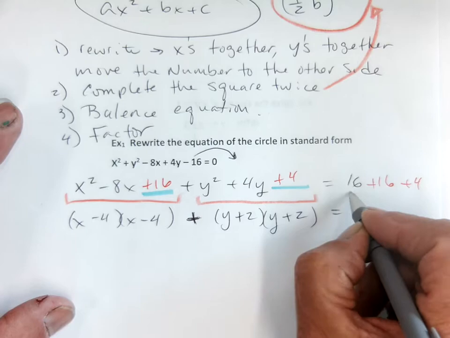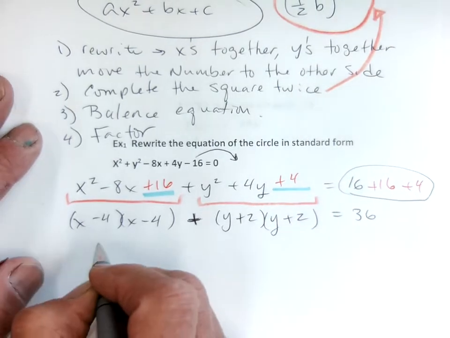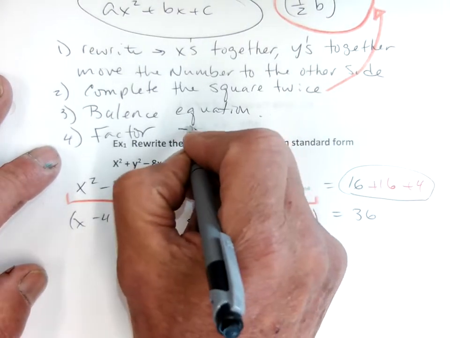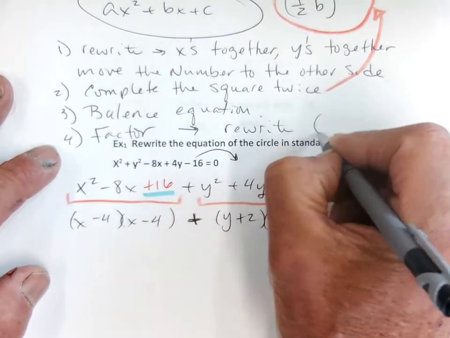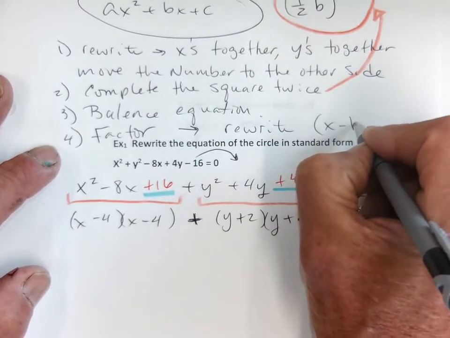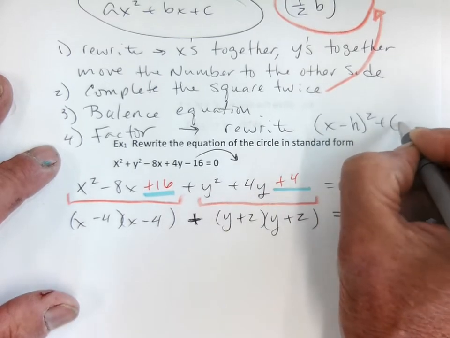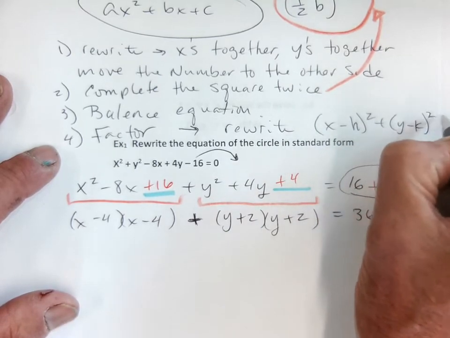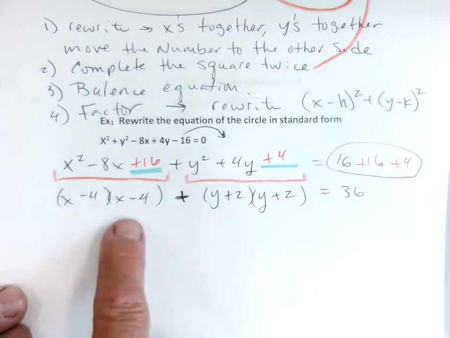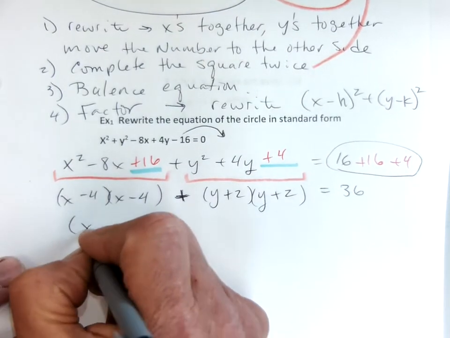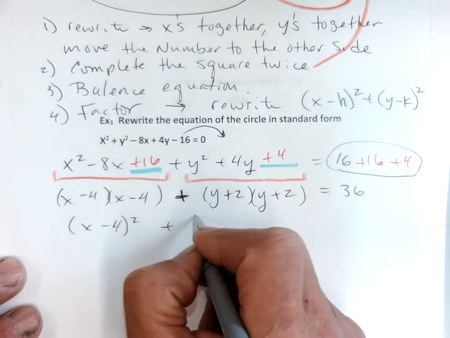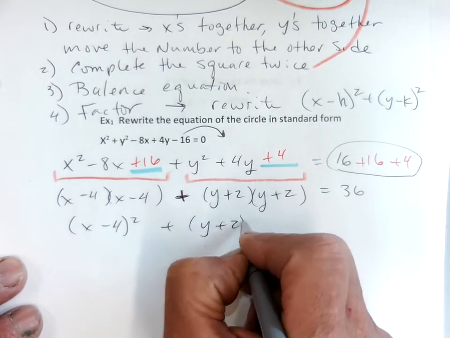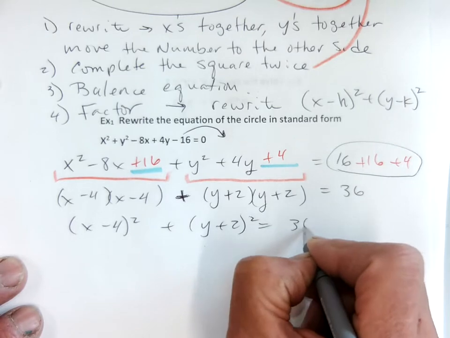36. Awesome. Now, I can rewrite this as x minus h squared plus y minus k squared. So this becomes x minus 4 squared plus y plus 2 squared equals 36.